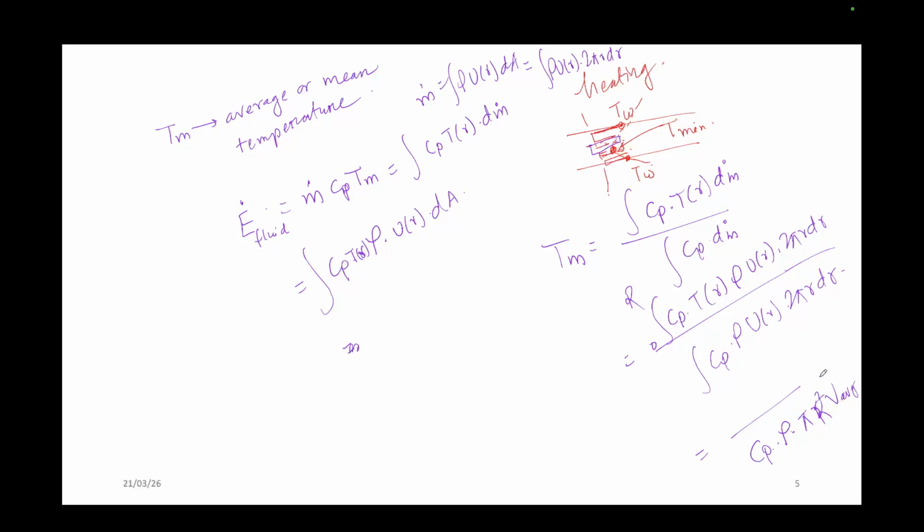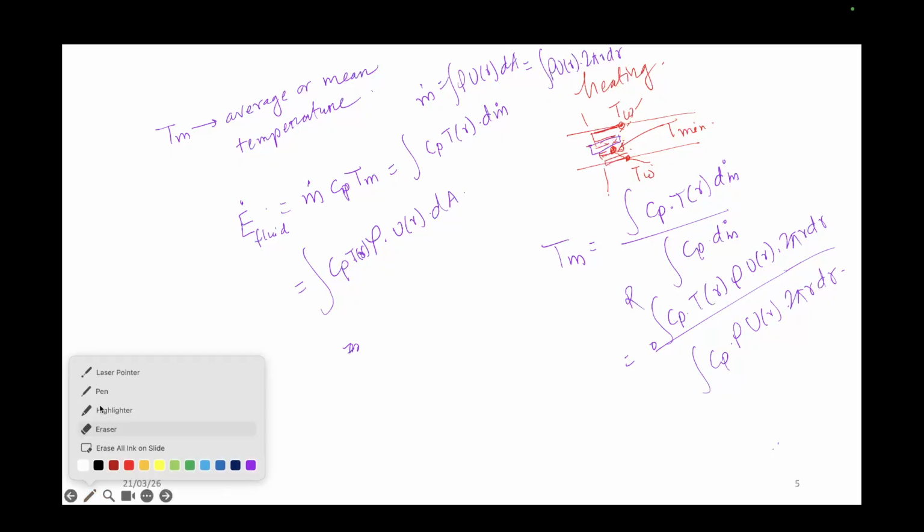Like this way you can also do it, but that is not required, because if you know u average, you can directly put the u average here. How can you put the u average?